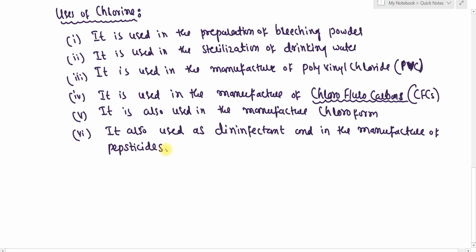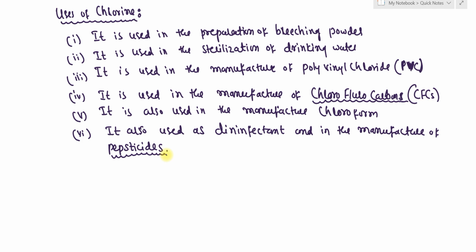So it is also used as a disinfectant. Disinfectant means the chemical substances which prevent infection from microorganisms. Nowadays, in large cities, they are spraying sanitizer, or simply spraying some gas.